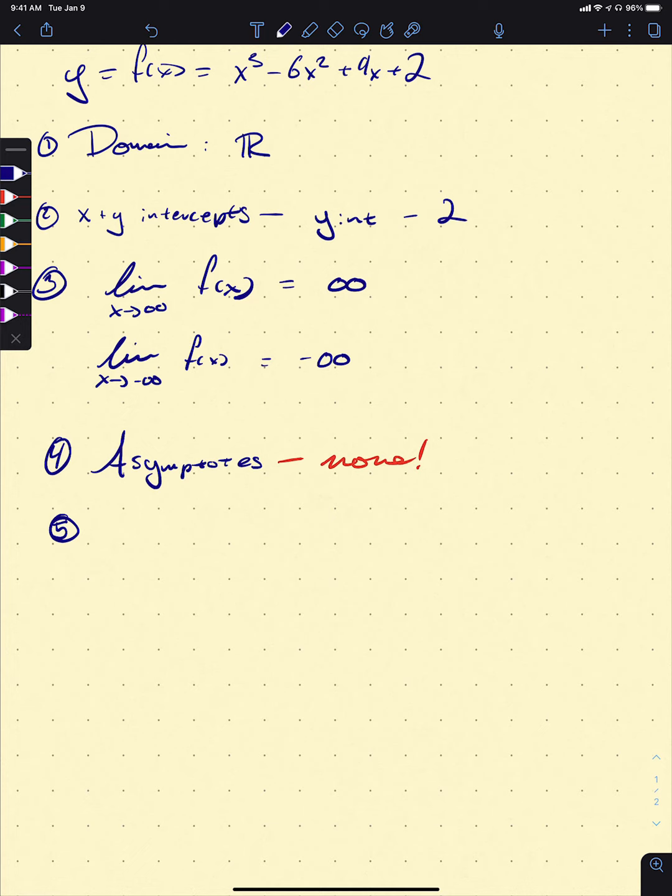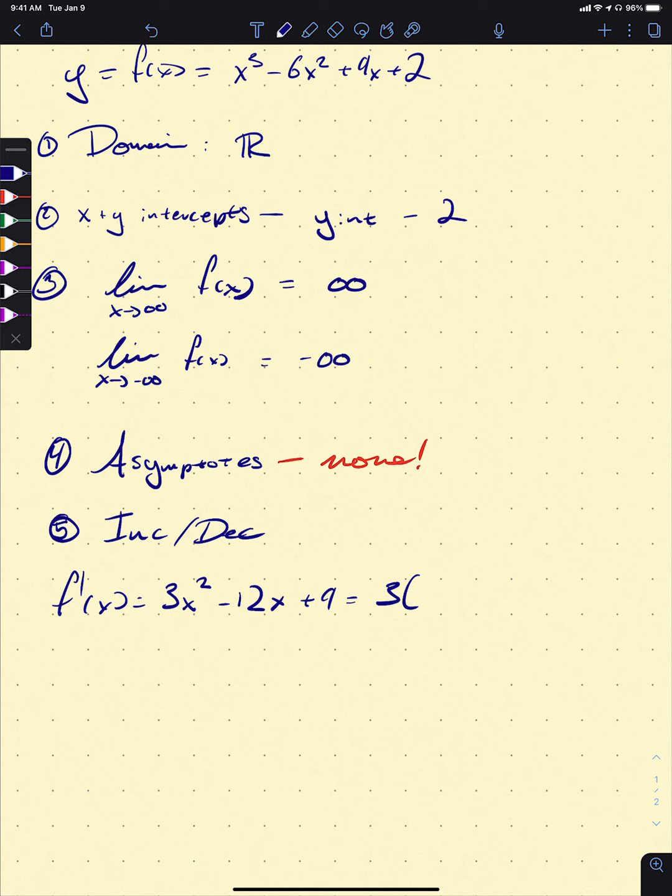For step 5, we can take a look at where the function is increasing and decreasing. And to find that, we can take a look at the derivative. So it looks like the derivative is going to be 3x squared minus 12x plus 9. All of that has a common factor of 3.